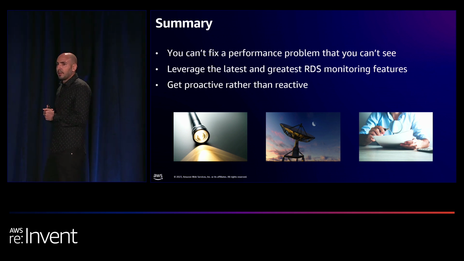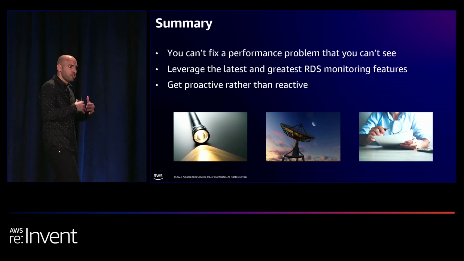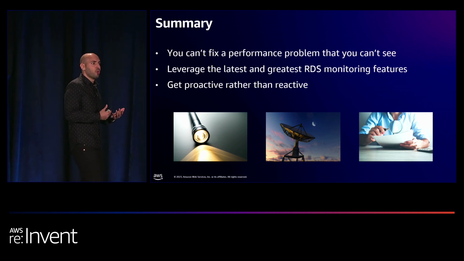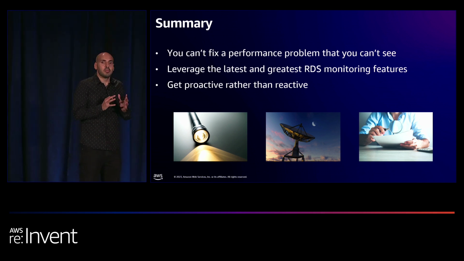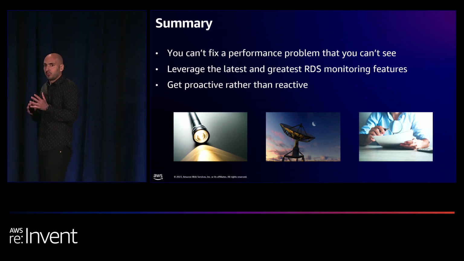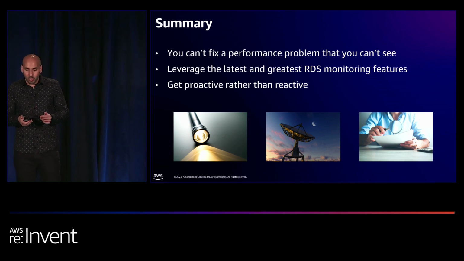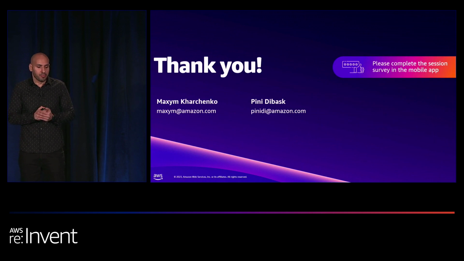We also discussed exporting Performance Insights dashboards into CloudWatch. So now you can use CloudWatch dashboards, you can share them with your team, and you can be more proactive. So the bottom line is take advantage of these tools, find the right tool for the right job, and aim to be more proactive.